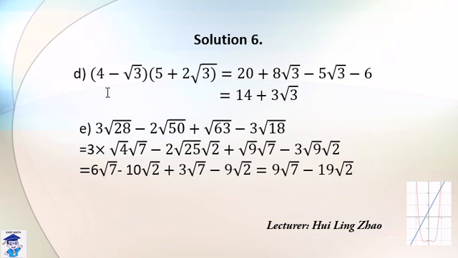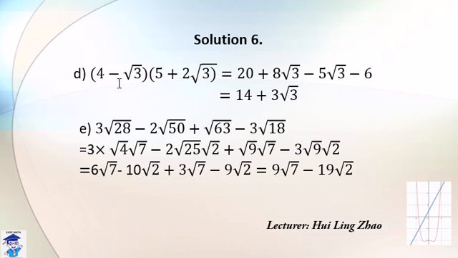And number D, expand first. The first term is 4 times 5, which is 20. And then 4 times 2 times the square root of 3 is 8 times the square root of 3. Next, 5 times negative square root of 3 is negative 5 times the square root of 3.